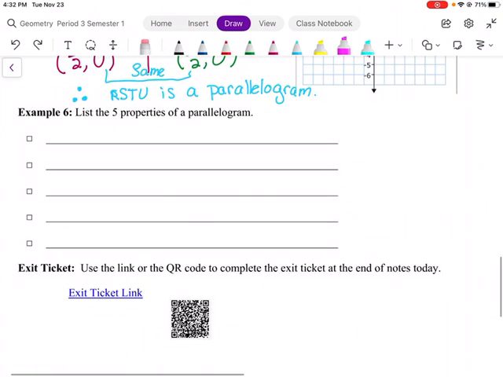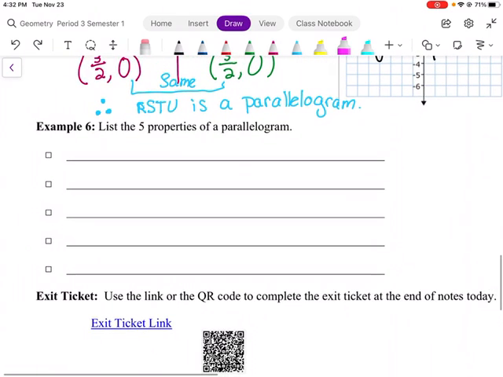And the last part of the notes today is to list the 5 properties of a parallelogram. And we've gone over all of them today in the notes. The first thing was what we were describing a parallelogram as, and that was it has 2 pairs of parallel lines.